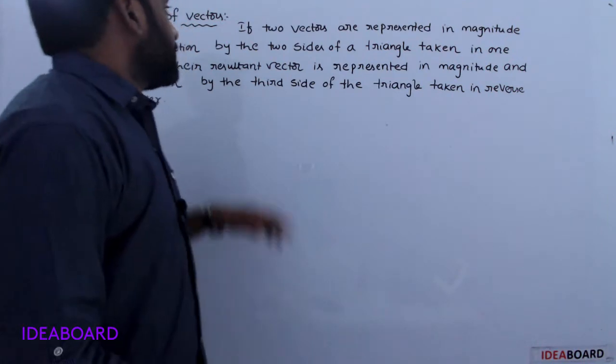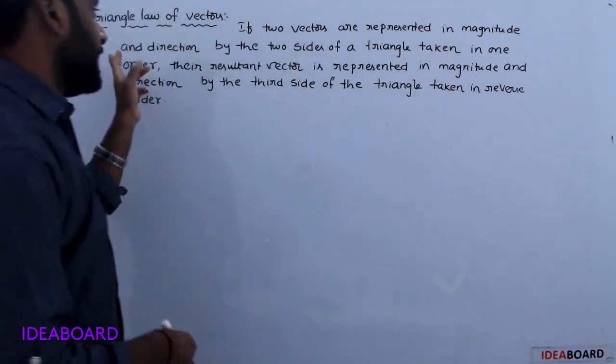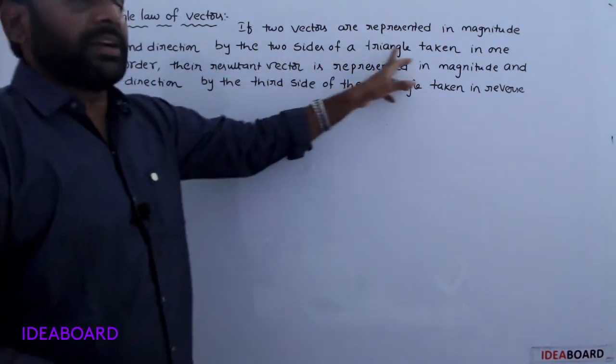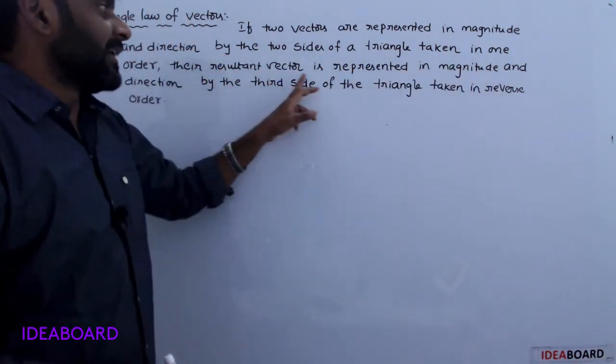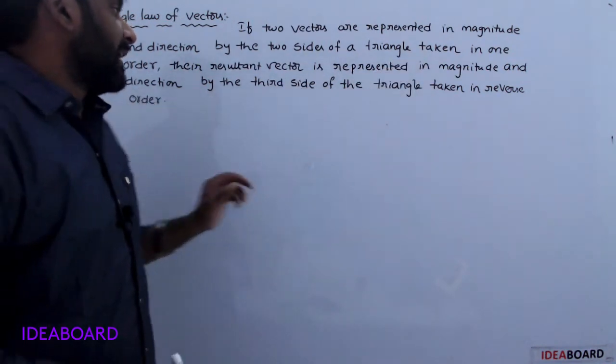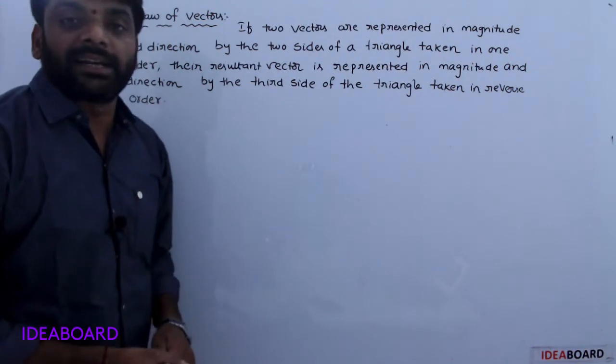If two vectors are represented in magnitude and direction by the two sides of a triangle taken in one order, their resultant vector is represented in magnitude and direction by the third side of the triangle taken in reverse order.